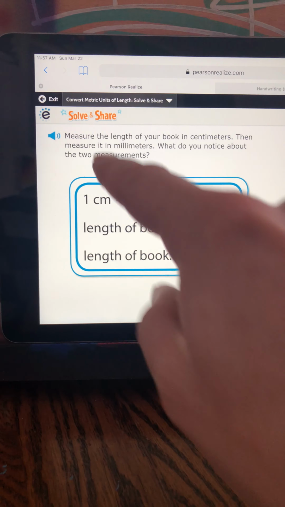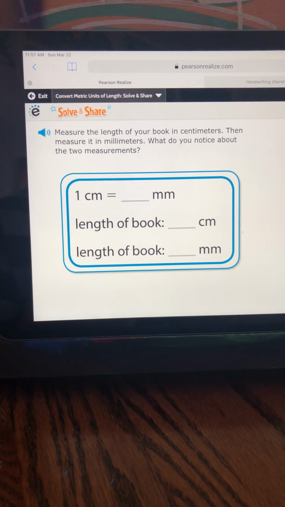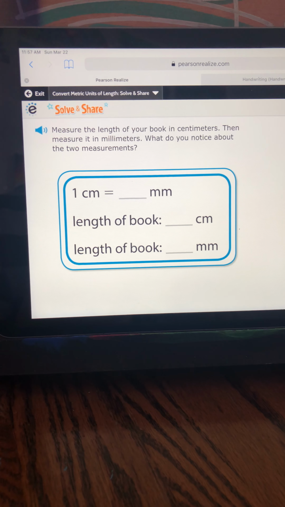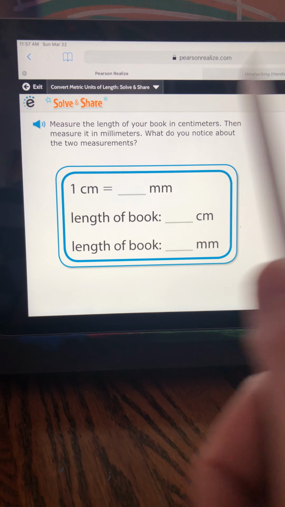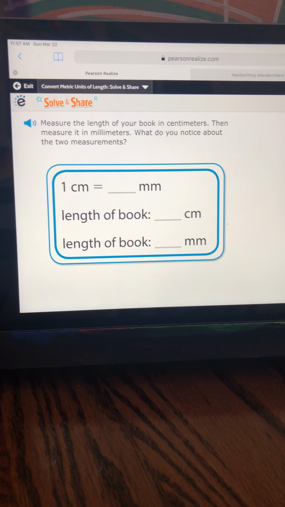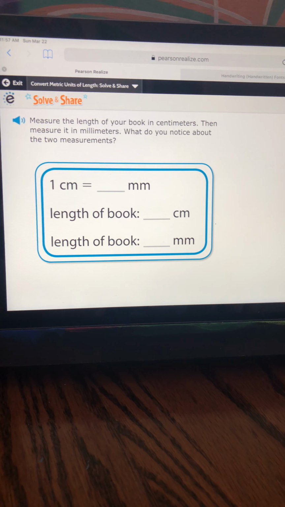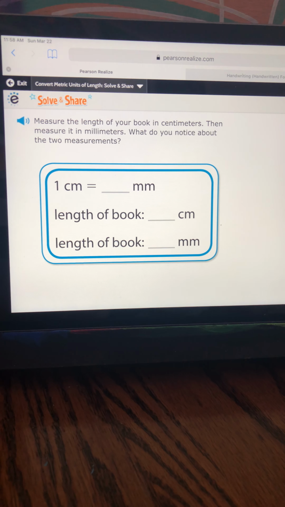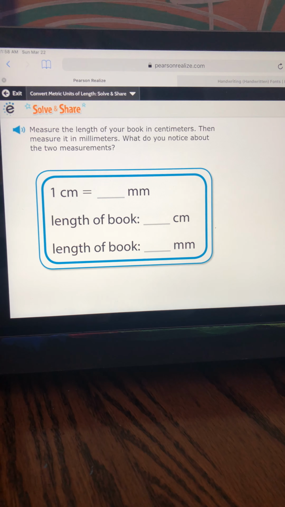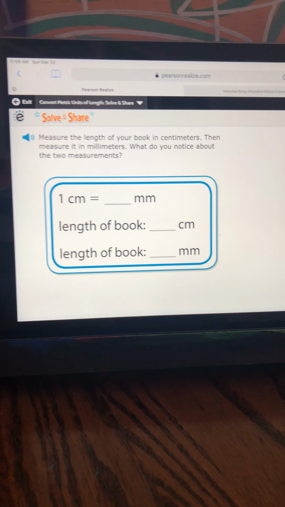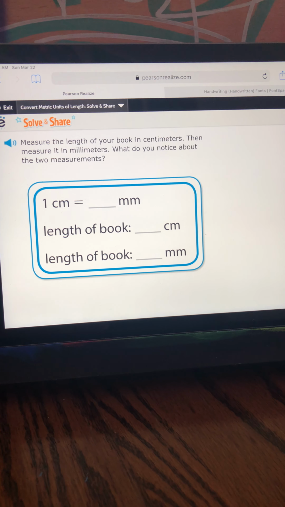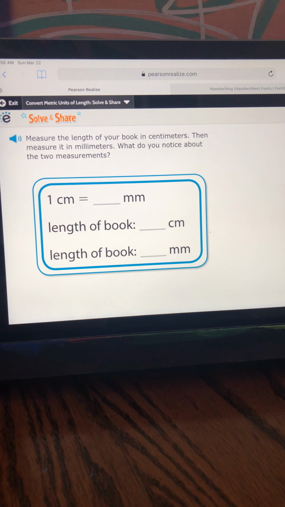So today they want us to measure the length of your book in centimeters. Then measure it in millimeters. What do you notice about the two measurements? Well, because we're not together, we can't really do this right now. But I can show you another way that's going to make sense, that's going to help you get your answers correct.